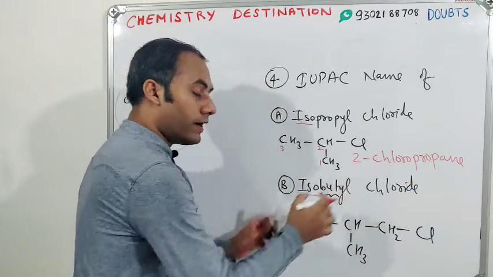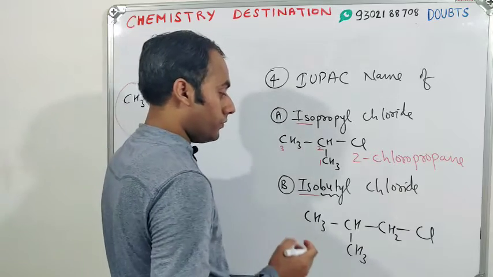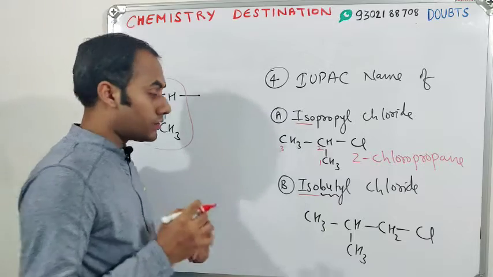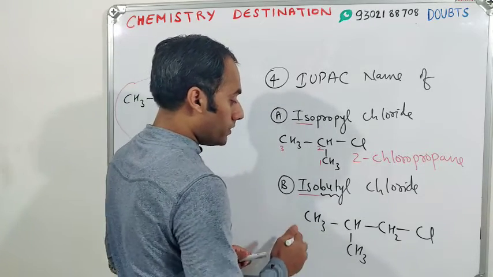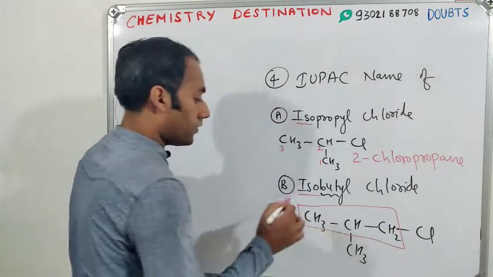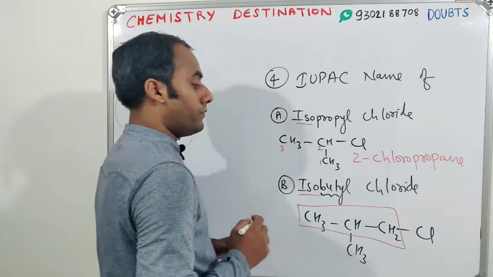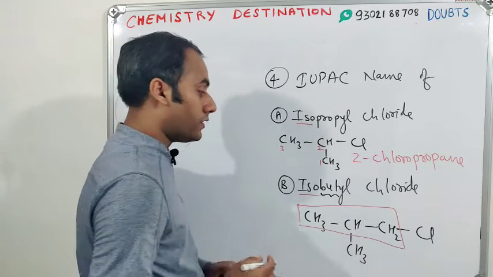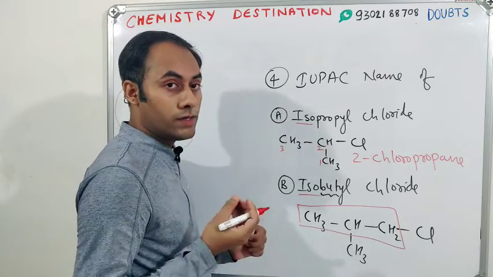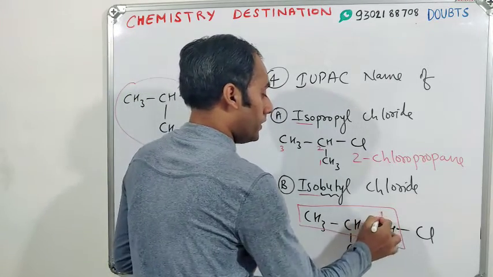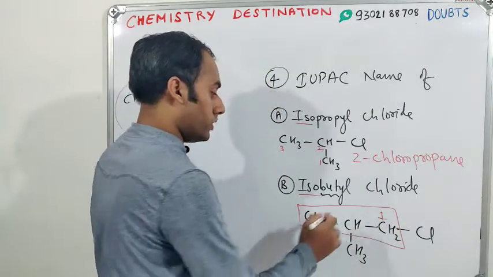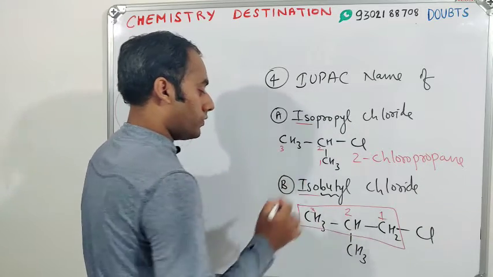In the case of isobutyl chloride, firstly we need to identify the longest carbon chain. The longest carbon chain has 3 carbon atoms. Numbering will be done from the end that gives the lowest set of substituents, so from this side, because chlorine is at position 1: 1, 2 and 3.